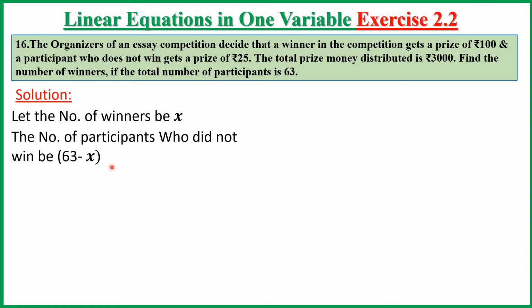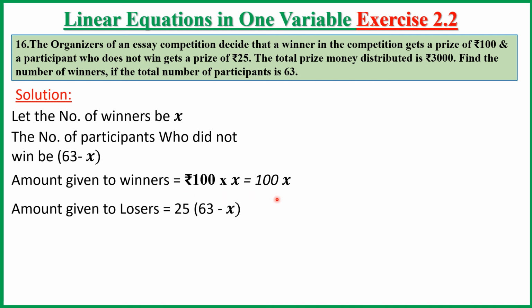So 63 minus x. And the amount given to the winners is 100 rupees. So 100 into x is equal to 100x. The amount given to the losers equals 25 into the number of participants who did not win, which is 63 minus x. So 25 into 63 is 1575 minus 25 into x.